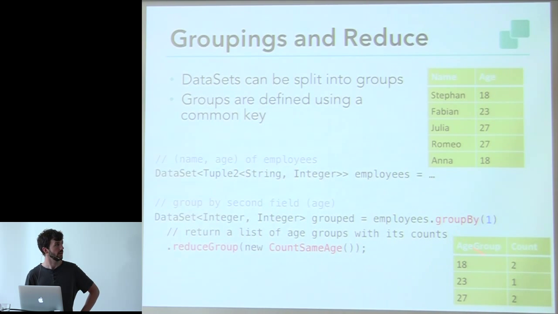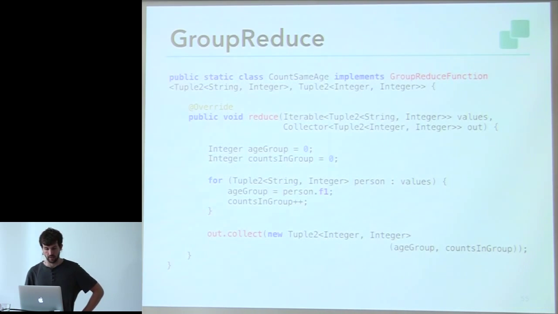So you would see that, yeah, it's obvious that there are 2 people who are 18 years old and so on. And here's, for example, the group reduce function for this example.